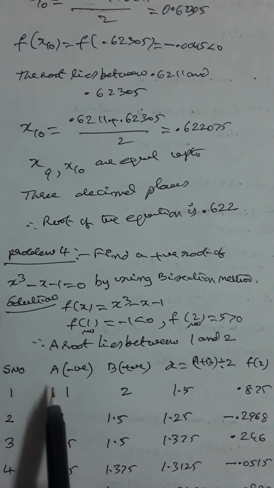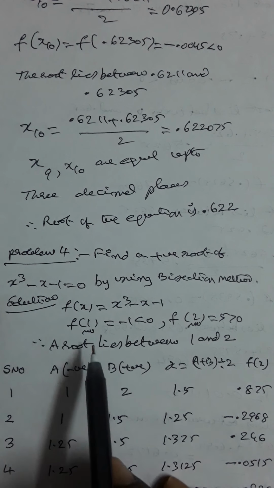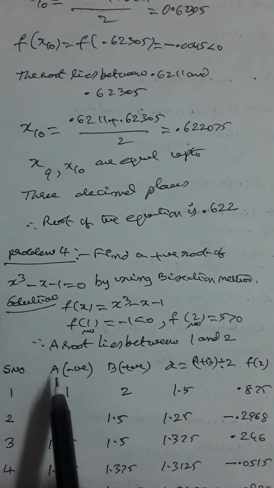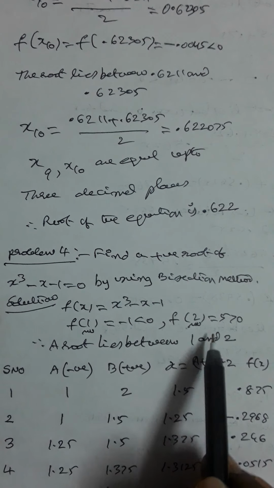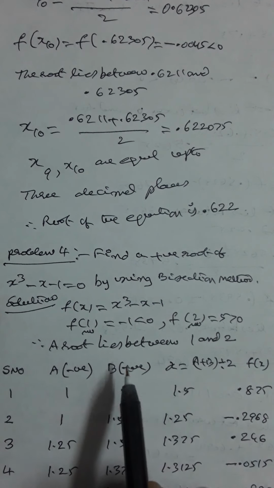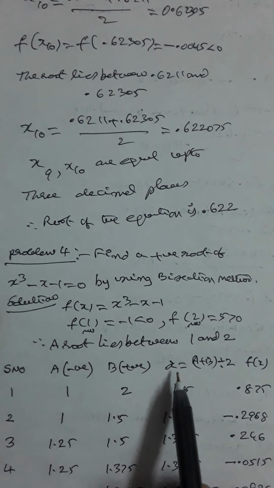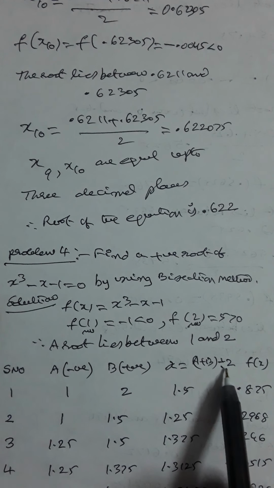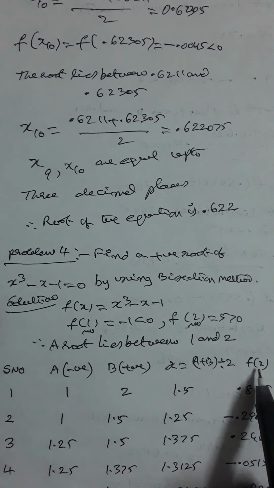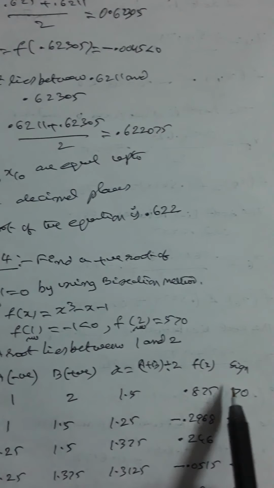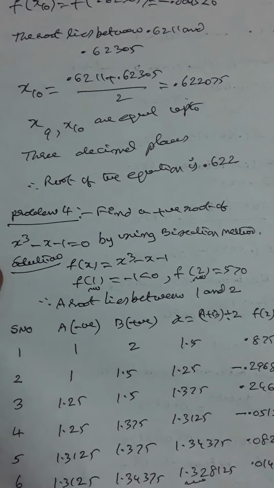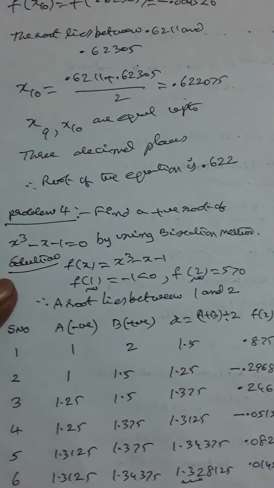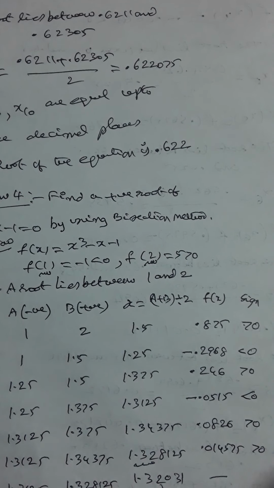That is B. A negative means we get a negative function value at A, and B positive means we get a positive function value at B. So x is equal to A plus B by 2, bisection method, then f of x. Serial numbers 1, 2, 3, 4, 5, 6, don't worry.